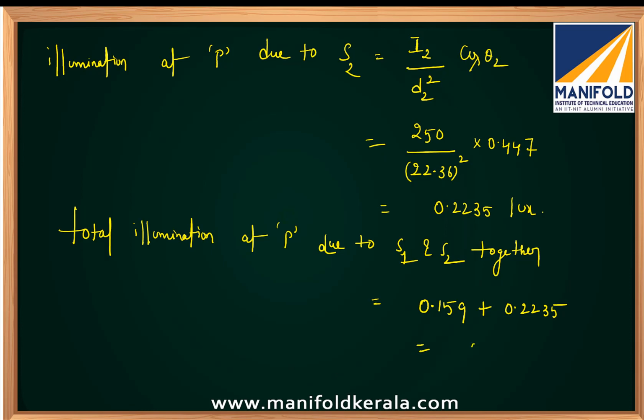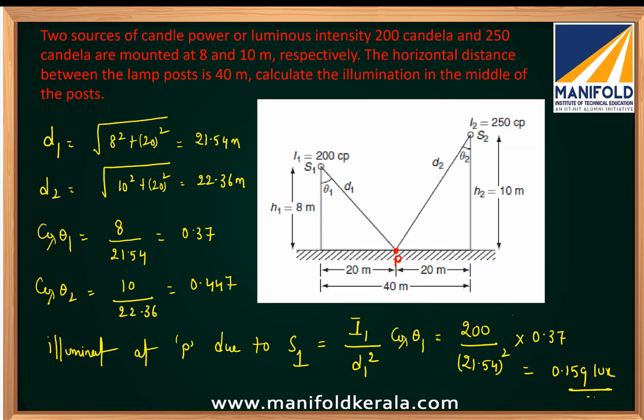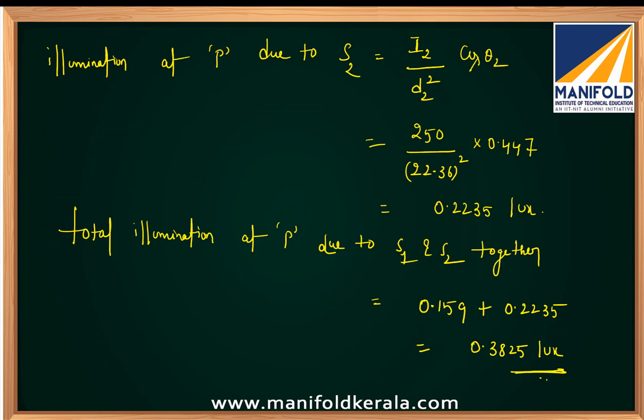This value is 0.3825 lux. So this is the illumination at this point because of these two sources acting together. Okay, so these are a few numerical problem models that may help you in your exam.